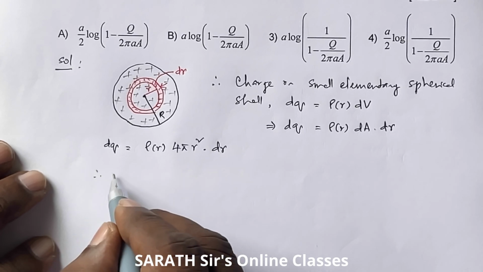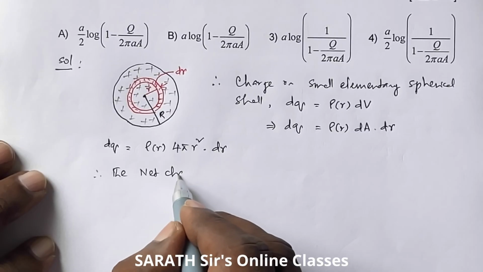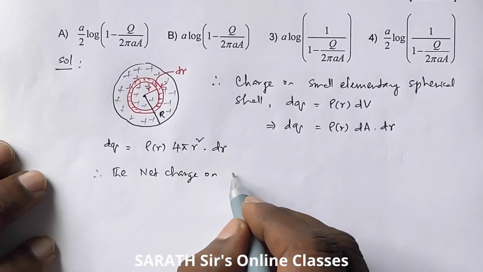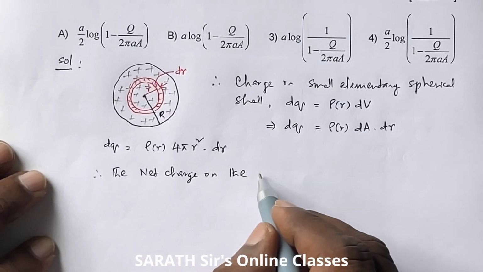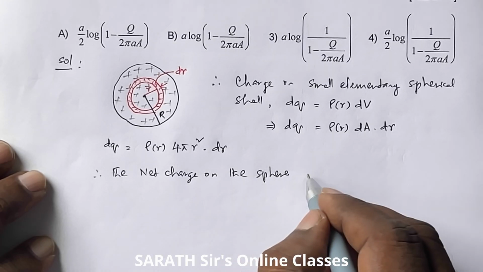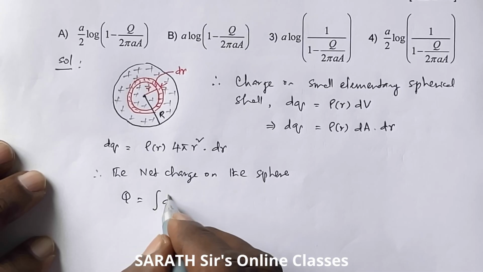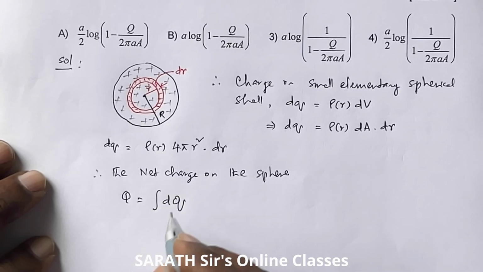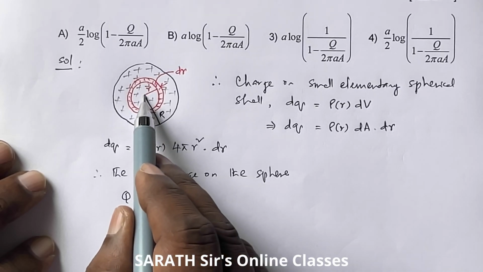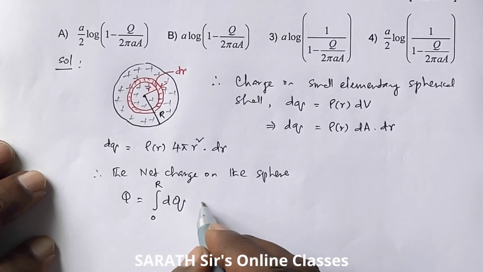Therefore, the net charge on the sphere, total sphere, that is Q, is equal to integral dq, from 0 to r. These are the limits. So let us substitute the values.